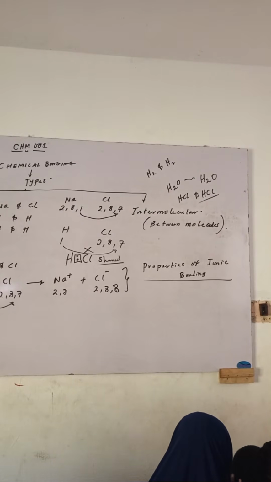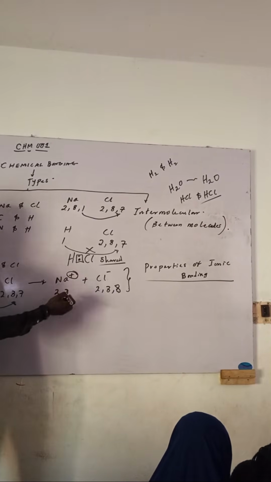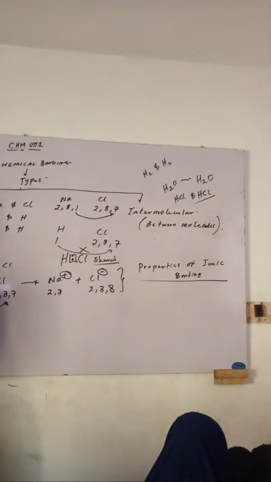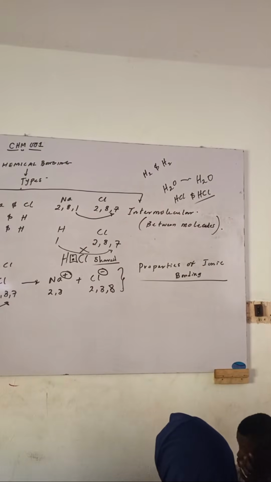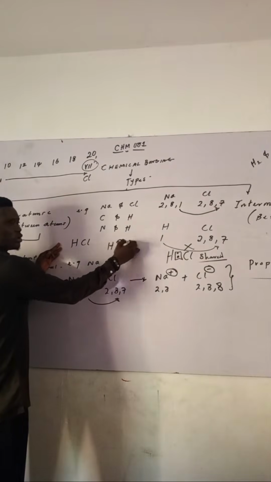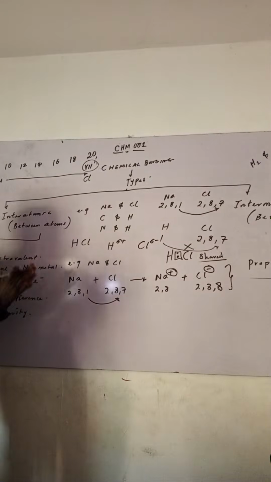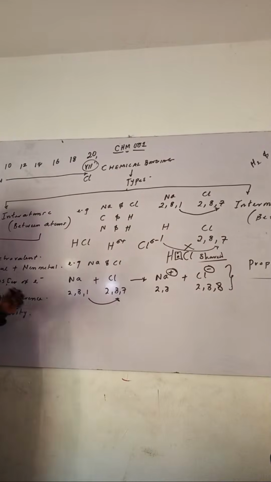Look at this now. This is positive. This is negative. That's what we mean by polarity. When you get to hydrogen and chlorine, it is usually one partial positive, one partial negative. So the polarity is not always high because they didn't accept it totally.